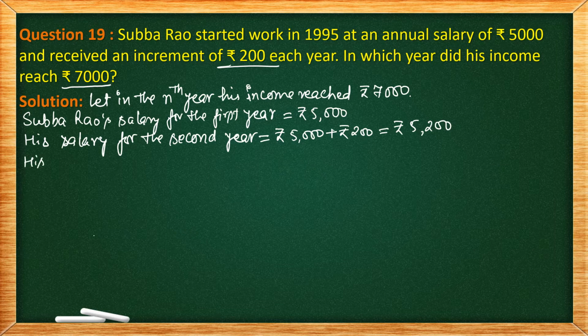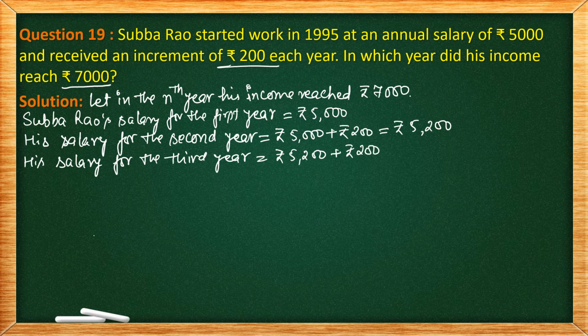Now we can find out his salary for the third year by applying an increment of rupees 200 to the salary of the second year. Now this becomes rupees 5,400.